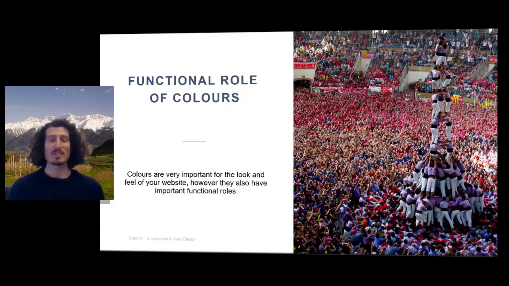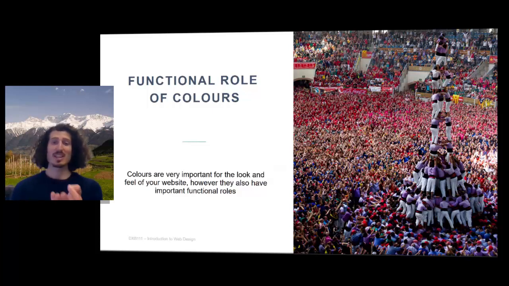As a side note, you might have seen some of these images of the Castelliers. I was lucky enough to spend second semester in 2018 doing research over in Catalonia, which is where this is taking place. And the reason for this image, partly, is that with these teams, there is a team from each town, and the color of the teams lets you know who's on which team.